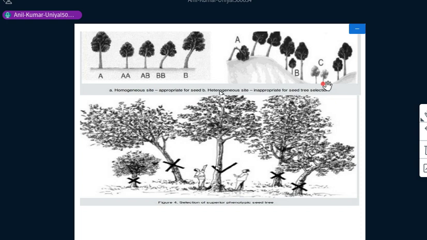But on the other hand, in the first picture we have seen that the trees are almost of similar growth pattern, and some trees are not looking healthy or have a different growth form due to soil or some other conditions, but there are a maximum number of desired trees here.